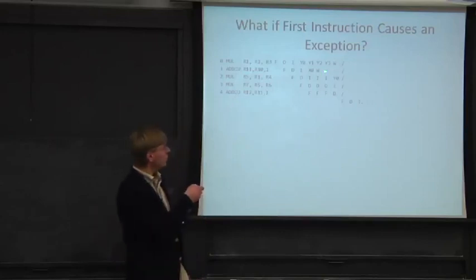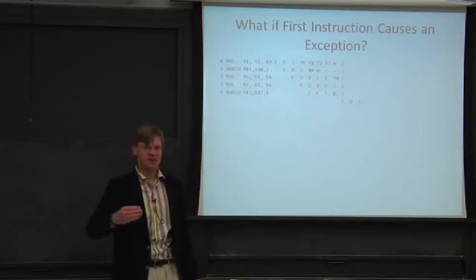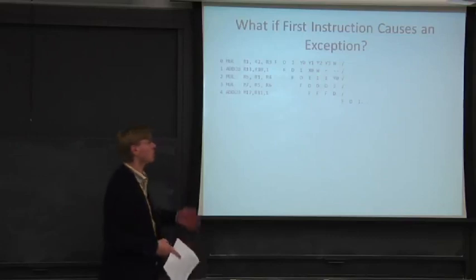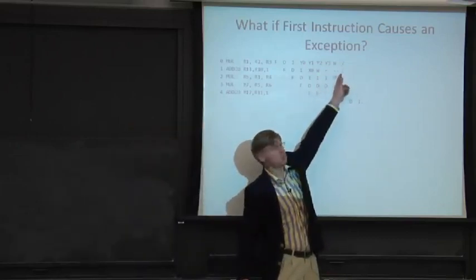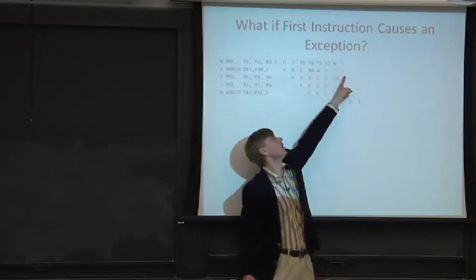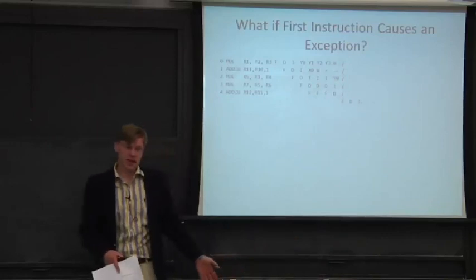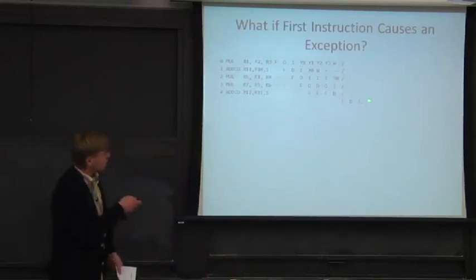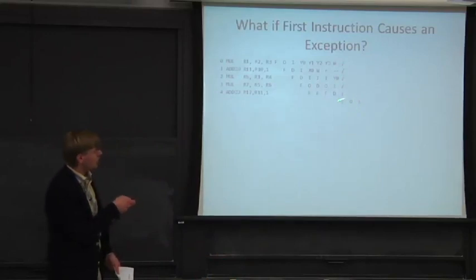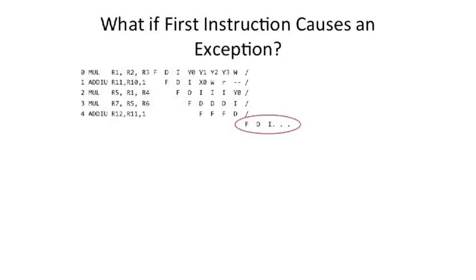Instead, it enters the reorder buffer here, denoted by the little r, and just sits there until it gets a chance to commit in order. But it doesn't get a chance to commit, because a previous instruction takes an exception and kills everything. And then you can start some new instruction here, let's say the exception handler, and fetch that out here.